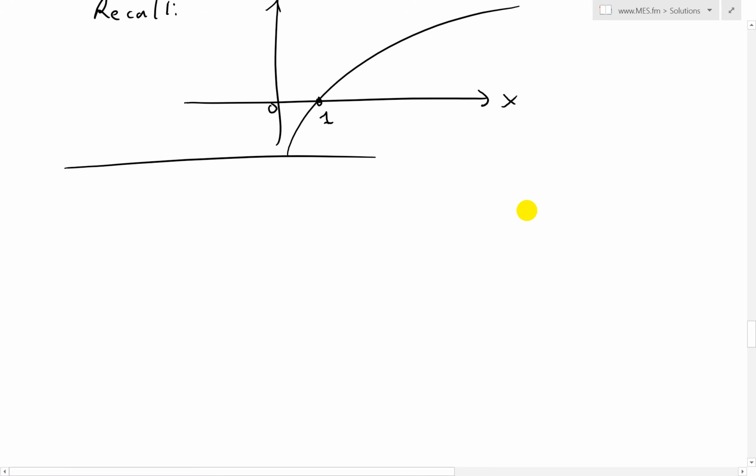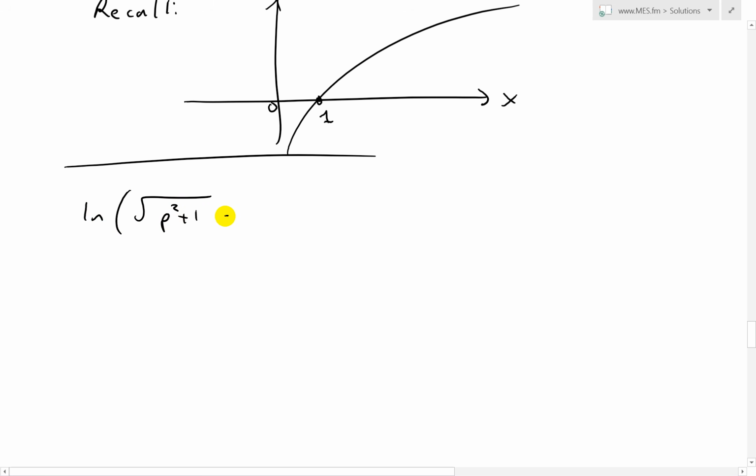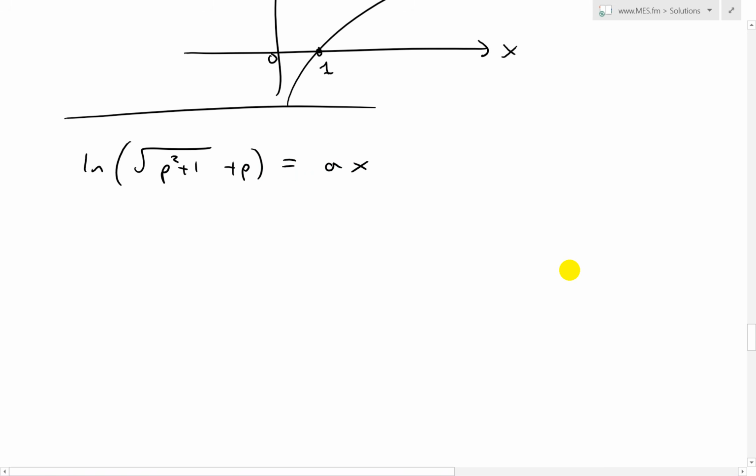Now what we're left with is ln of the square root of p squared plus 1, plus p, equals ax, and c3 is 0. Now we'll take both sides as powers of e, exponentials, to get rid of this ln. So the ln cancels, and we're left with the square root of p squared plus 1, plus p, equals e to the ax.